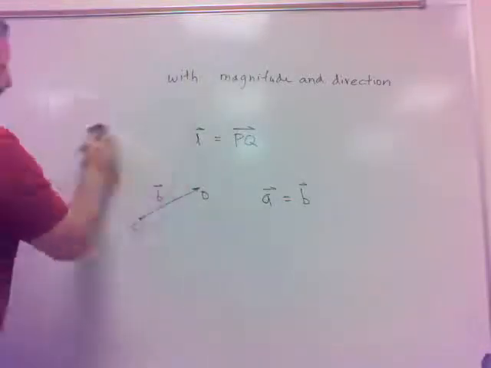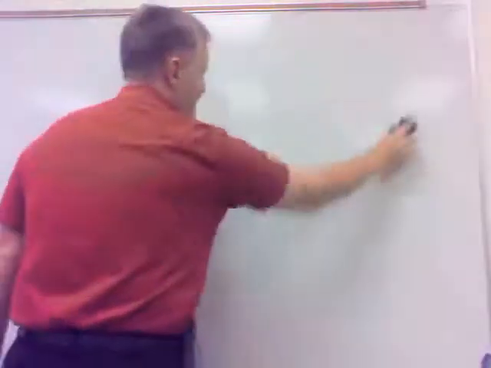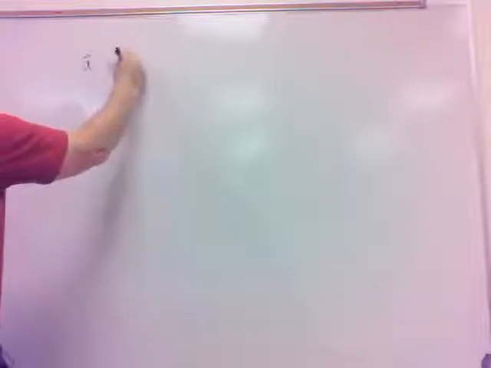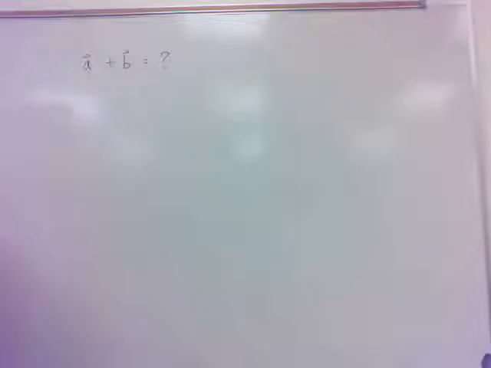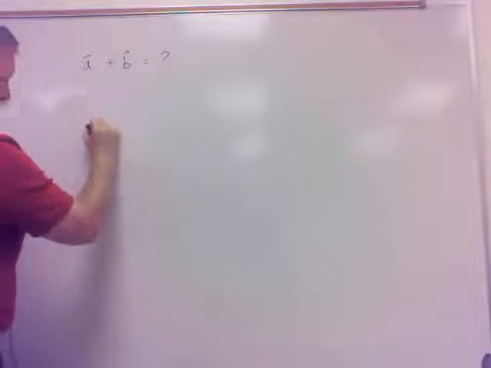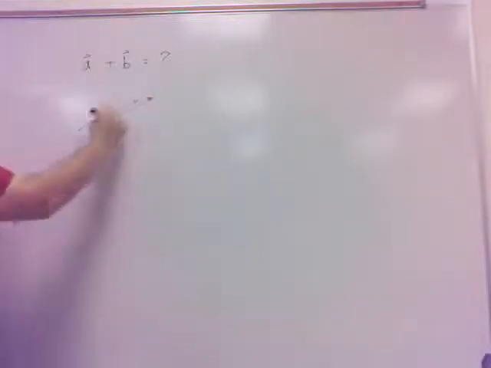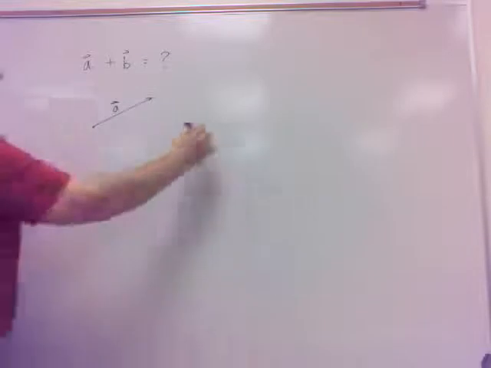Now, to add vectors, we'll get to several things. Let's say here's our A, and let's do B here.